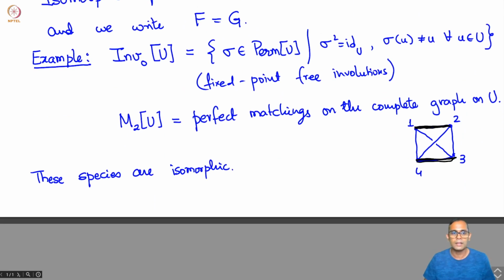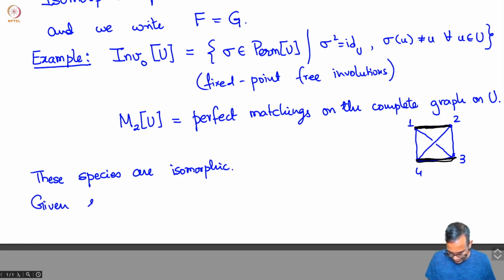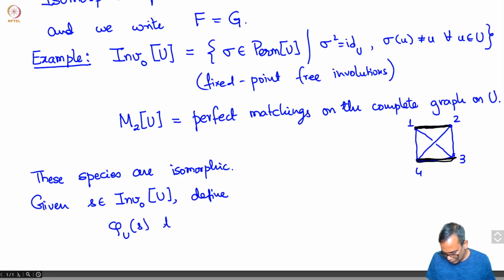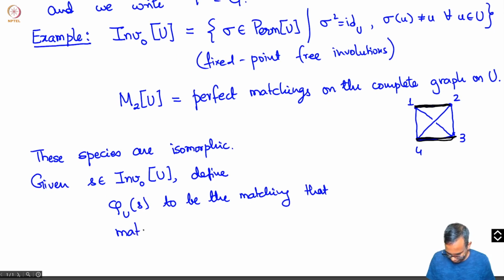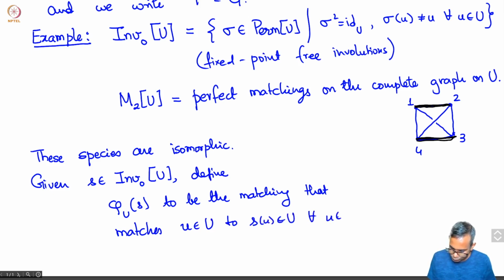Let me give you the definition of phi U. Given S belonging to Inv_0 of U, define phi U of S to be the matching that matches u belonging to U to S of u belonging to U, for all u in U.